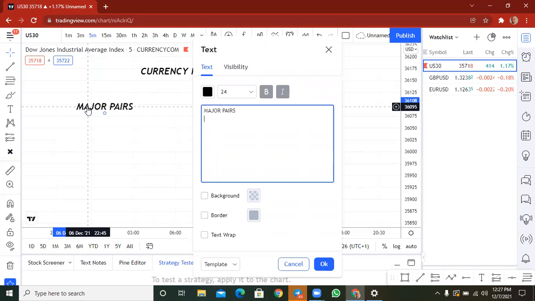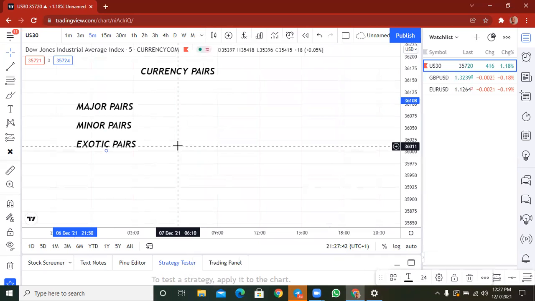We have the minor pairs. We have the exotic pairs, okay? Beautiful. So currency pairs are grouped into the major pairs, the minor pairs, and the exotic pairs. As simple as that sounds, right? Very simple. Major, minor, exotic.